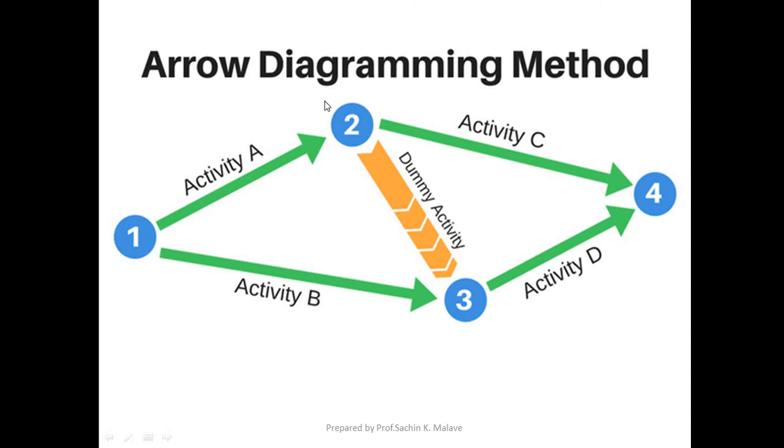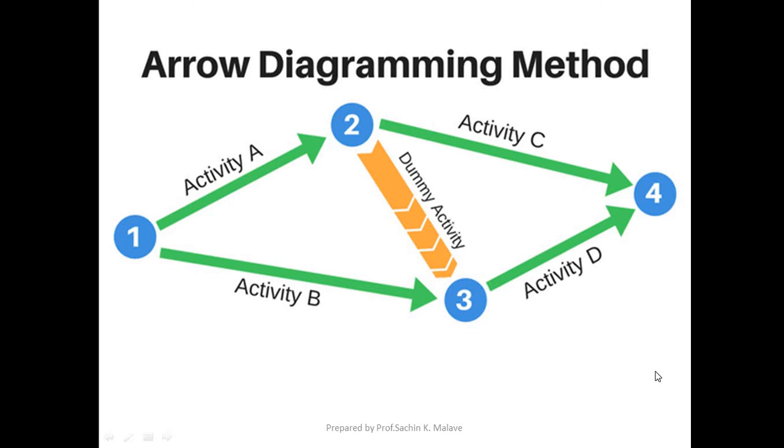You can see one process or project consisting of 4 activities: activity A, activity B, activity C, activity D. This shows the arrow diagram for this particular process.